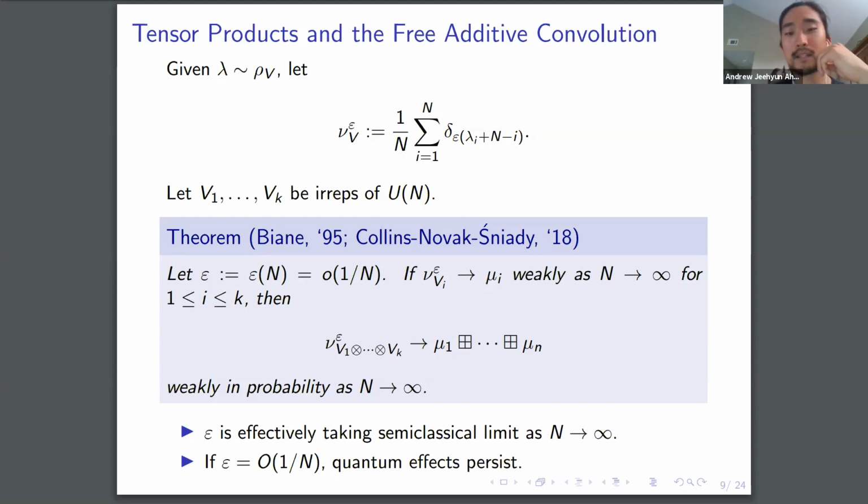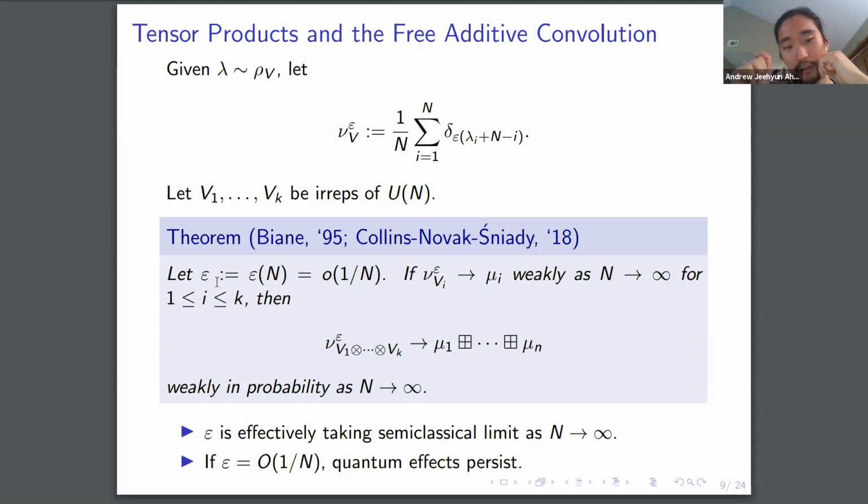Now we can ask the analog of what we did for the random matrix case. If we take V1 through Vk to be irreducible representations of U(n), we have the following theorem due to Bufetov, Cuenca, Novak, and Sun.